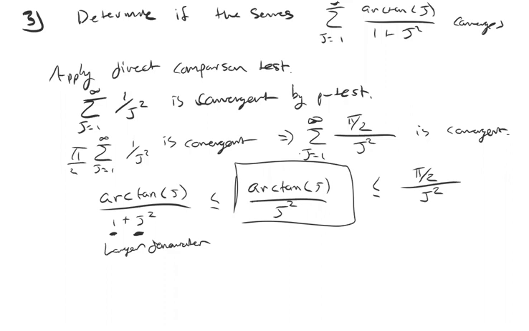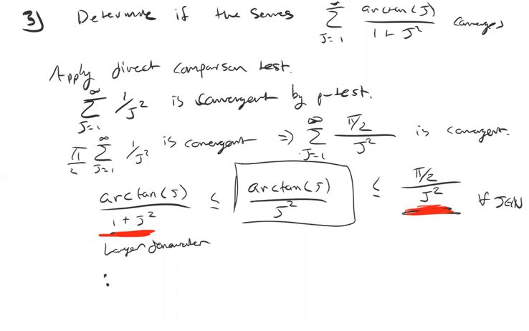Okay. So we have that this summand, I'll switch colors here, this summand is greater than or equal to this summand for all j in natural numbers, or 1, 2, 3, dot, dot, dot.